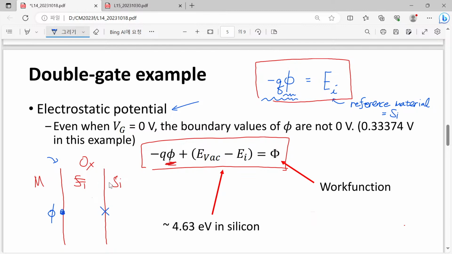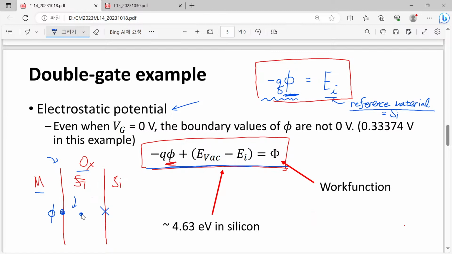However, still in this case, we can apply the same expression to this metal oxide interface because, please note that the electrostatic potential points out the intrinsic Fermi level of the reference material, not the material at that point.